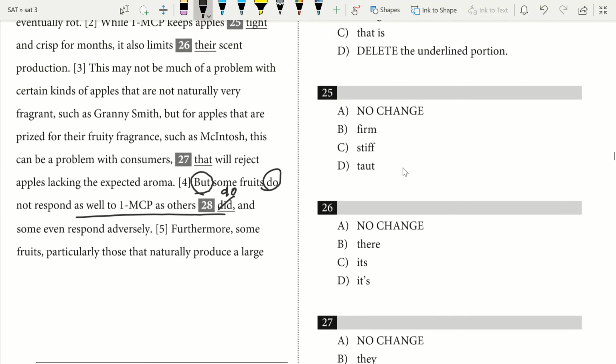Okay, so we're looking for something where we're talking first about fruits that respond well. And we know this because we have a contrast transition of but. And then we're going into something where it talks about fruits that don't respond well. So fruits that don't respond well to 1-MCP will come after.